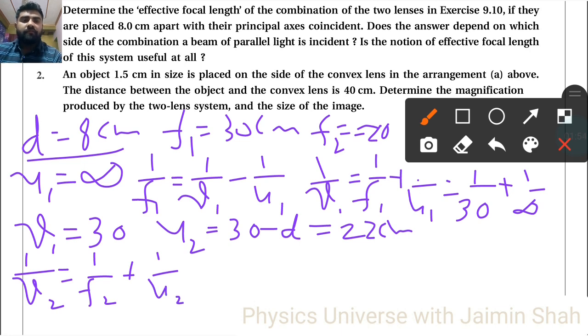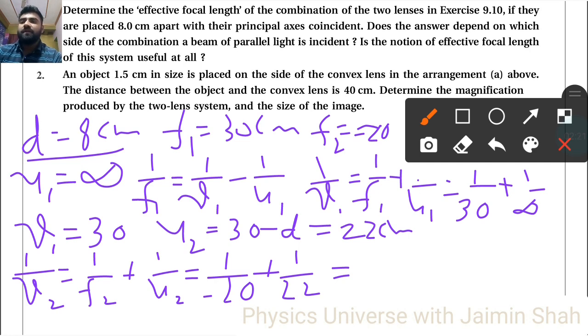By putting all the values, 1 upon minus 20 plus 1 upon 22, so that is minus 0.05 plus 0.04545, which is minus 4.54 into 10 raised to minus 3.